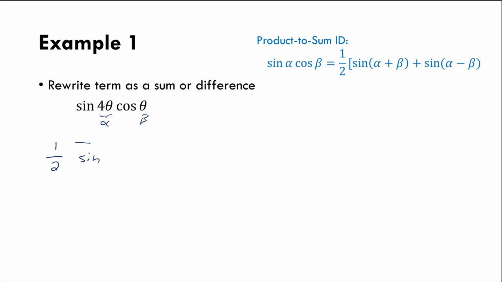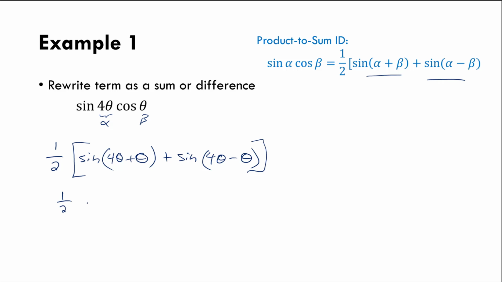sine of my alpha, which is 4 theta, plus beta, which is just 1 theta, plus sine of alpha minus beta, so it'd be 4 theta minus beta, getting that straight off of our identity here.